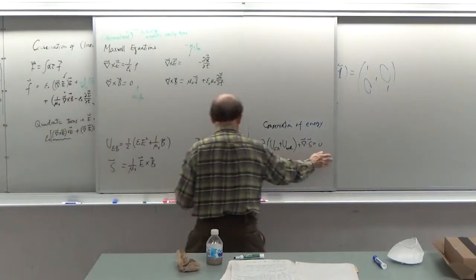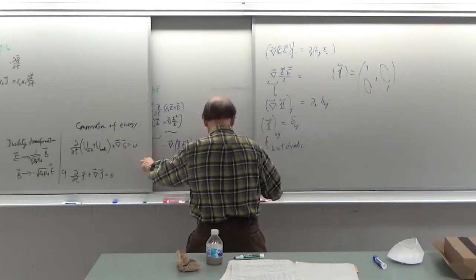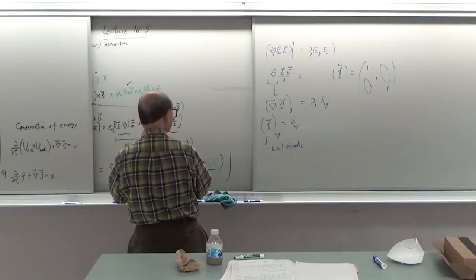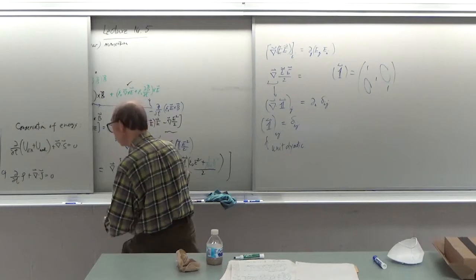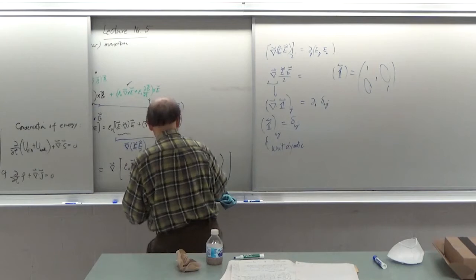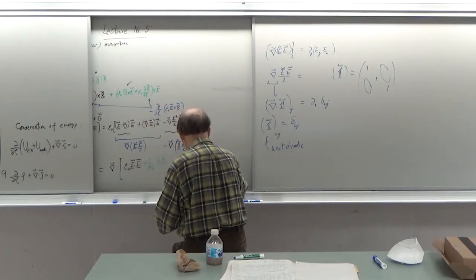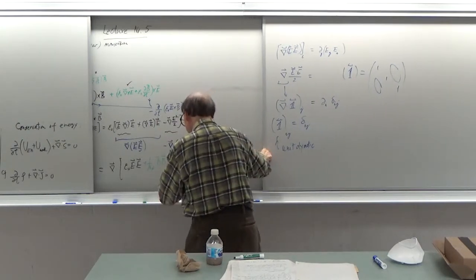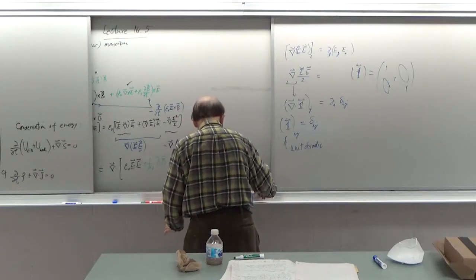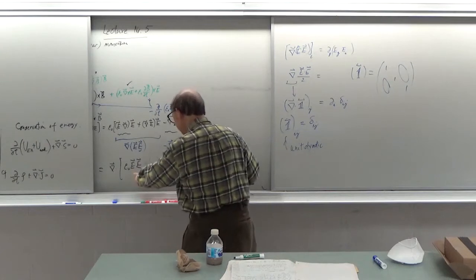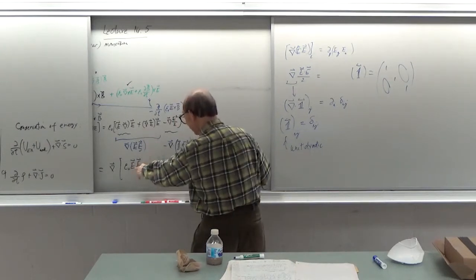So I can replace that star with this, u, E, E. And what's inside the bracket is a tensor, it carries two indices, and is diagonal.